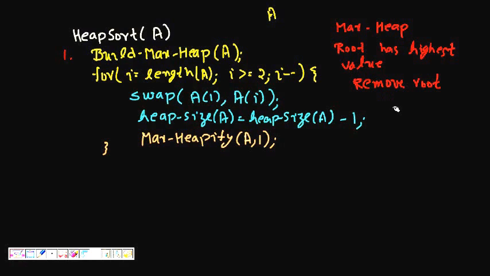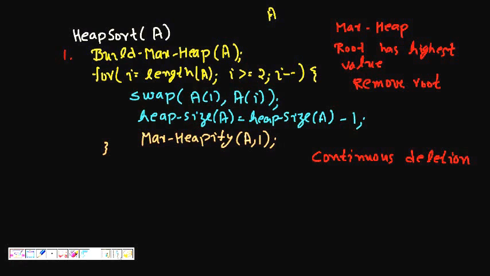Again we will delete it. It's a process of continuous deletion of the root: a bubble is created, we put the last element in it, and again do max heapify. If we do it like this, we will have the heap sort.